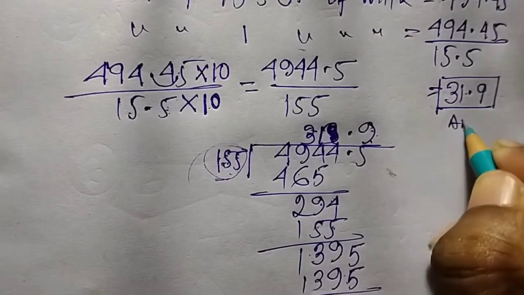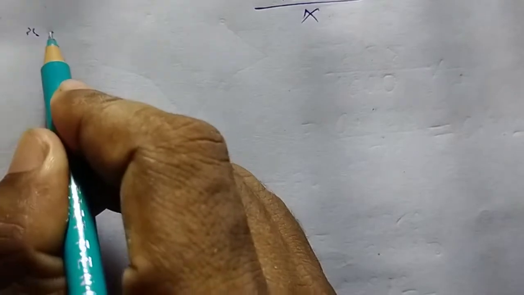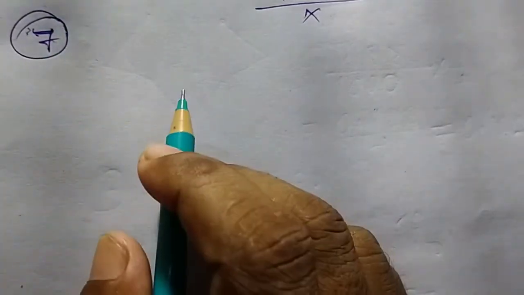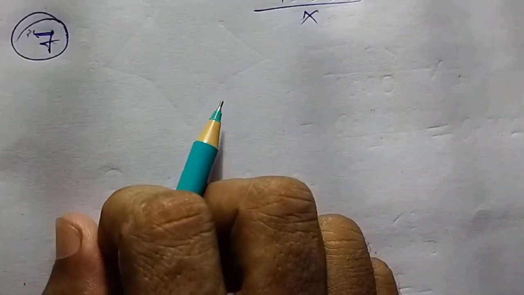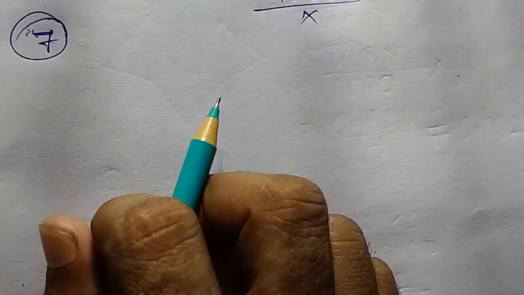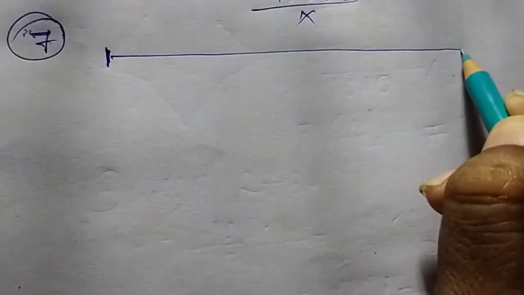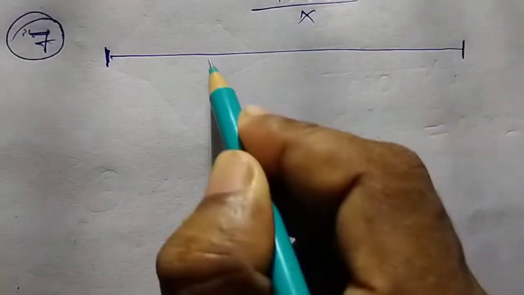Understood everyone? Now in a similar way, try to solve another question. Try to solve question number 7 now. Here is the given question. Bhola ran a 100-meter race. Each of his steps was 1.25 meter. So think that this is the total 100-meter race.